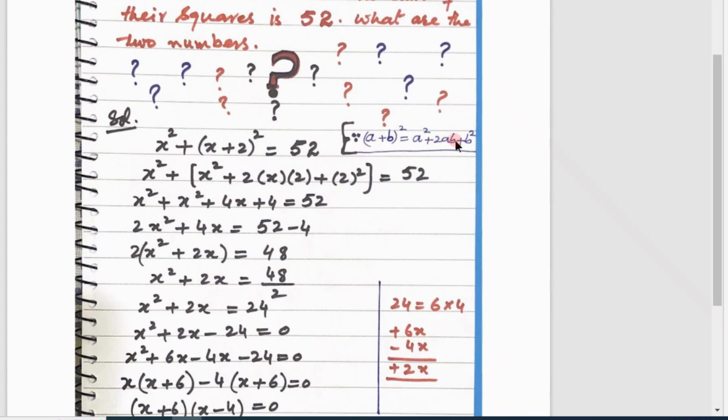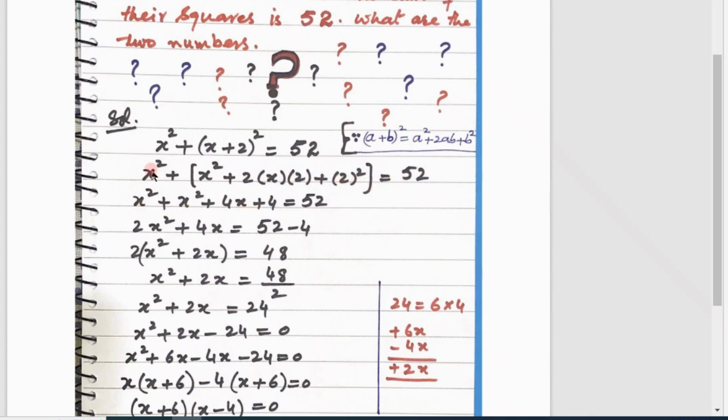Keeping in mind this expansion, we will expand this formula, because here a is x and b is 2. a square plus 2ab means x square plus 2 into x into 2 plus b square, which is 2 square, is equal to 52.